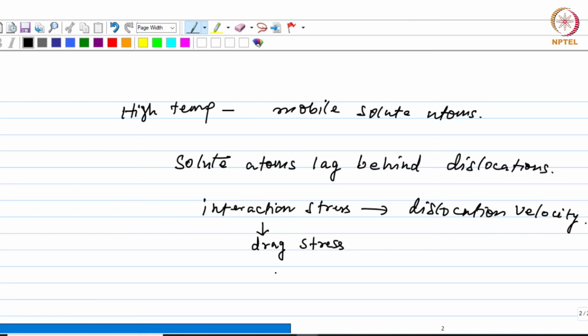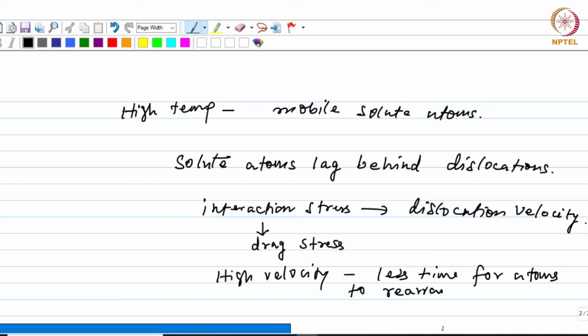So when the velocity is high, there is insufficient time for the atoms to rearrange. And under such conditions, the solid atoms can be considered as fixed obstacles.